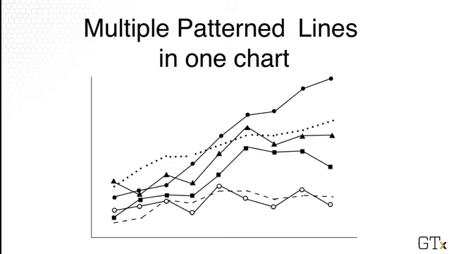So maybe a dotted line, maybe solid with circles, or maybe solid with hollow circles, and so on. There's nothing really wrong or inaccurate about this representation. But again, if you may remember, what people would often prefer to see is things that are not as overwhelming.